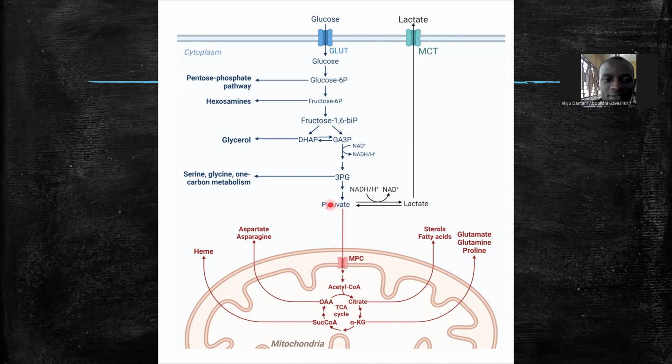The pyruvate goes into an alternative path where it's converted to lactate, which accumulates and causes lactic acidosis. I think one of those symptoms is muscle pull. People who play football or people who run will probably tell you about this.